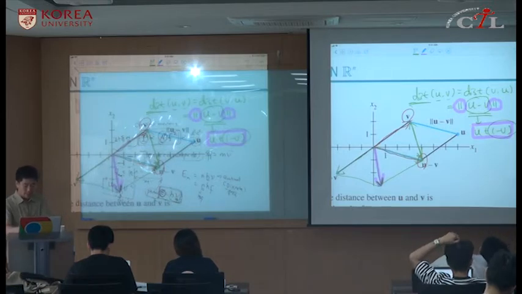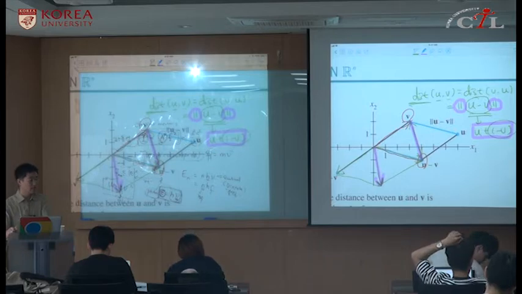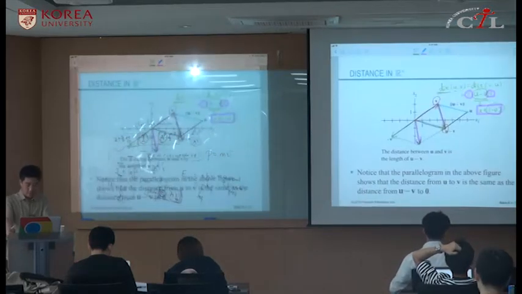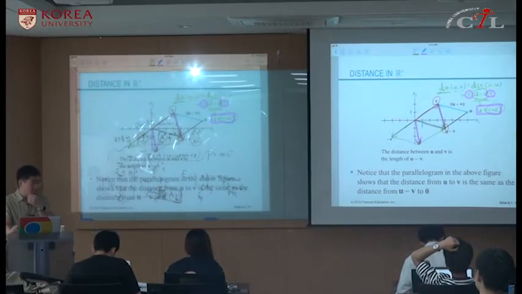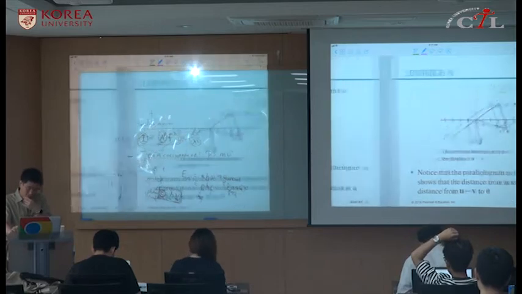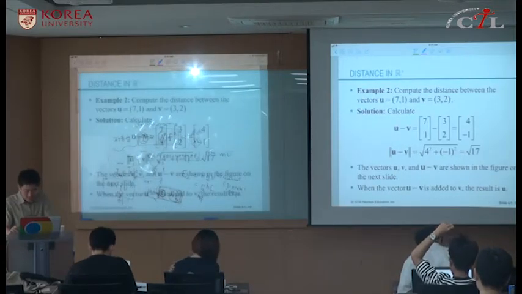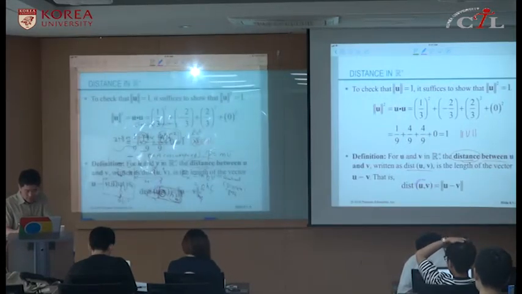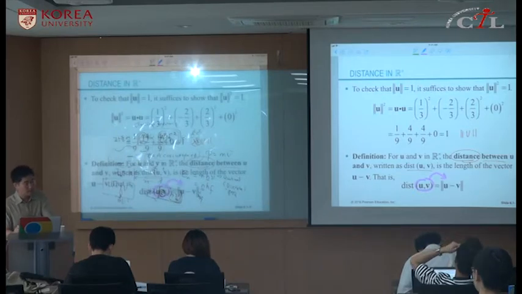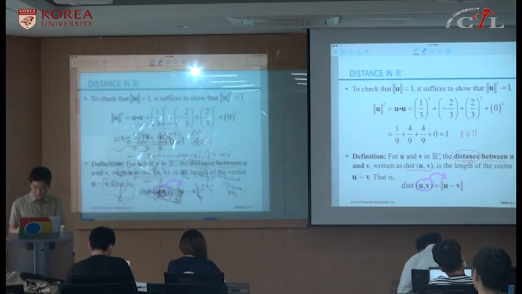And that length is the same as the distance between the 2 points. So although it looks quite obvious, the distance between the two vectors is defined as the norm of the single vector, which is represented as u minus v.